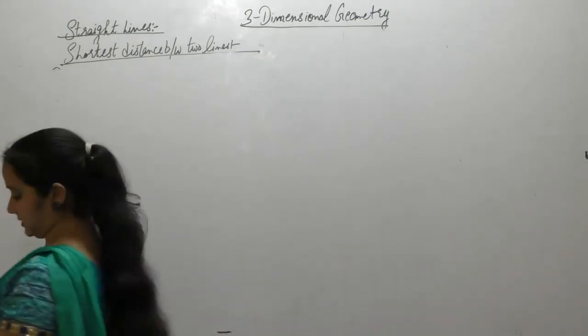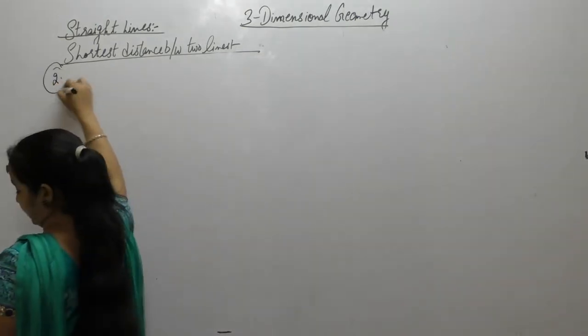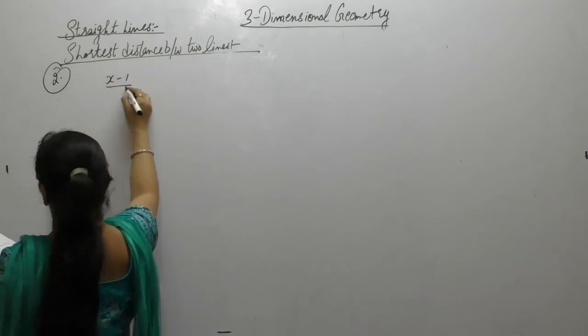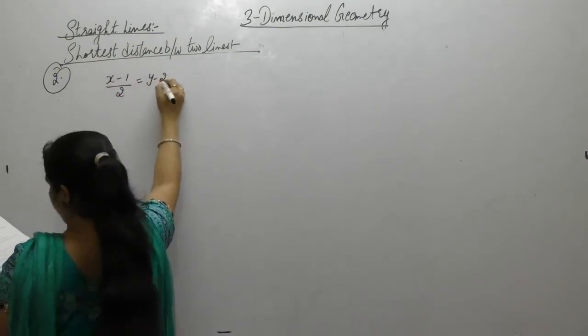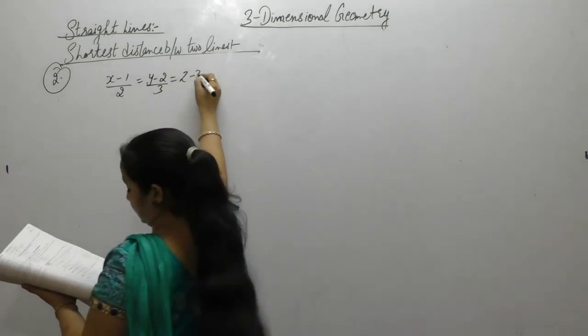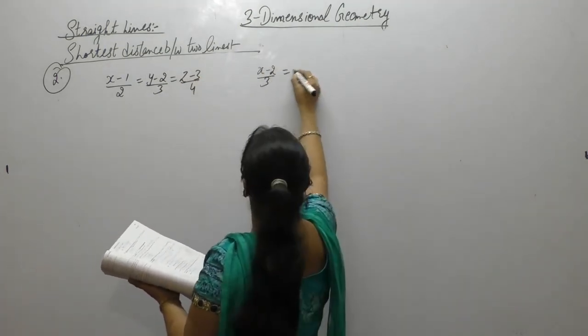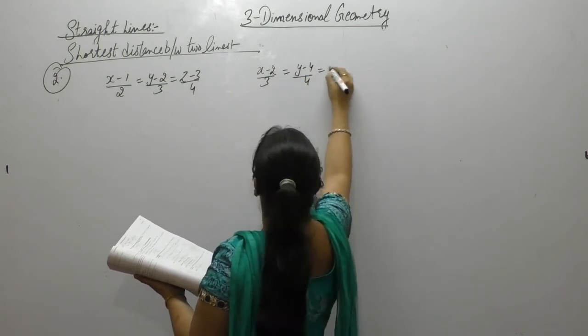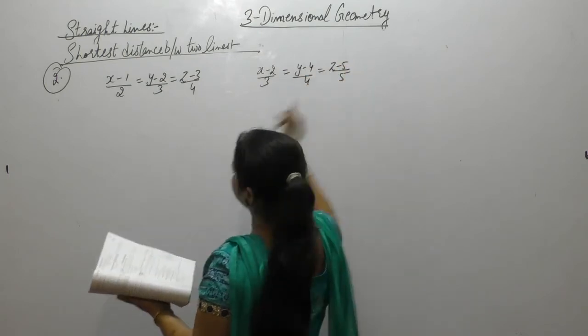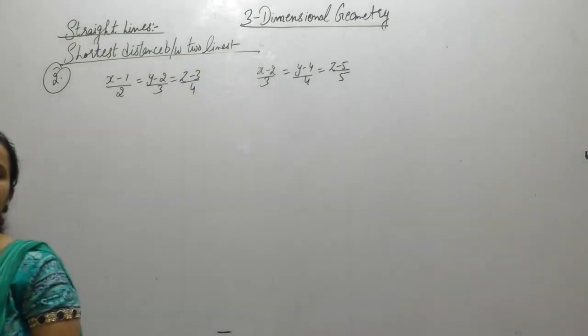Now the next is find the shortest distance between the lines x minus 1 upon 2, y minus 2 upon 3, z minus 3 by 4. Another line is x minus 2 by 3, y minus 4 by 4, z minus 5 by 5. Now these are in the Cartesian form.